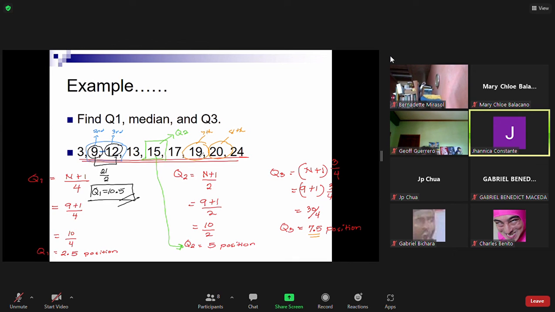So we're going to add 19 plus 20, which is equal to 39. 39 divided by 2. So our quartile 3 is equal to 19.5. So that is our quartile 3 in the set of data that we have.